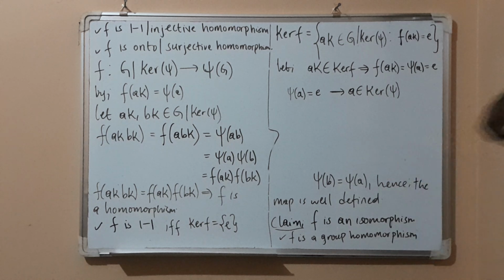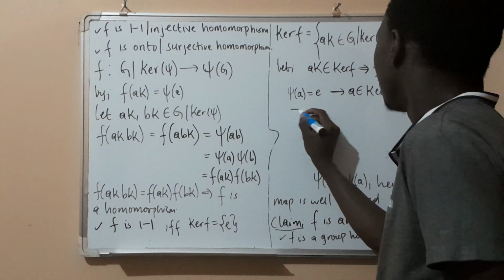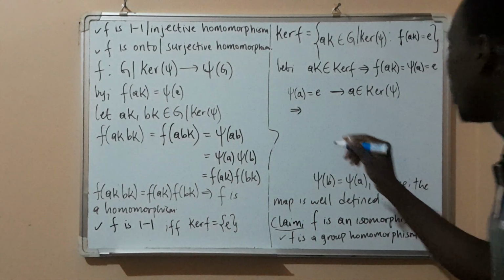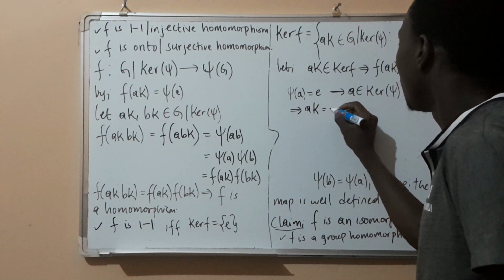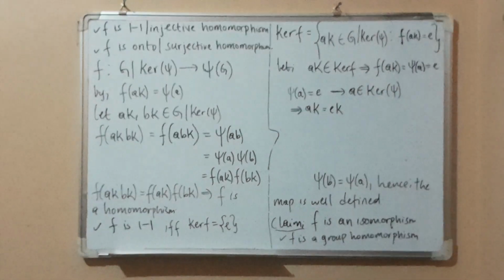So if it is within the kernel of phi and it is mapped to the identity, then we shall have AK being equal to an identity element.